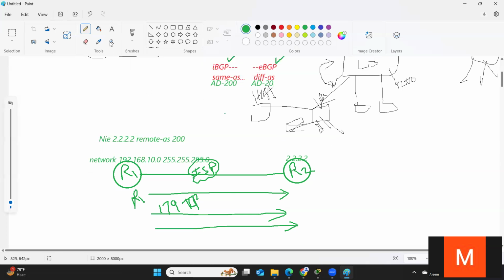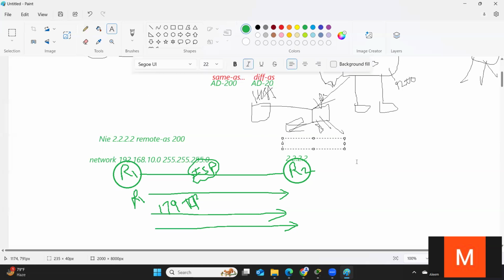Here also we have to tell, hey, neighbor 1.1.1.1, and remote AS, the remote autonomous system, is 100. This is the eBGP configuration. So statically we are telling the routers.